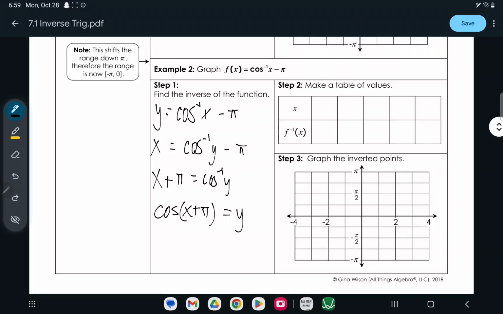And let's see the cosine one. It was from 0 to pi. So 0 to pi. I wonder, does that matter?